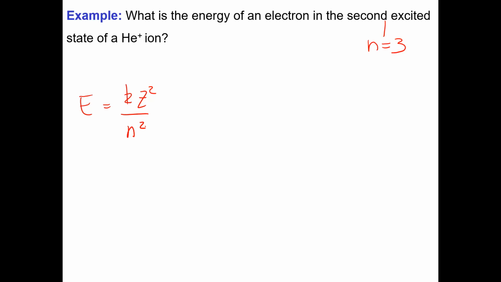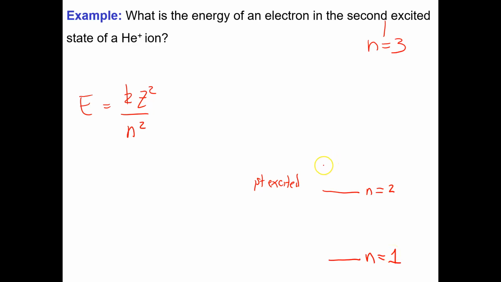So let's just talk a little bit about these energy levels just to make it real clear. N equals 1 is the ground state. Anything above n equals 1 is called an excited state. So n equals 2 is the first excited state. Now there's a pretty big gap between n equals 1 and n equals 2.